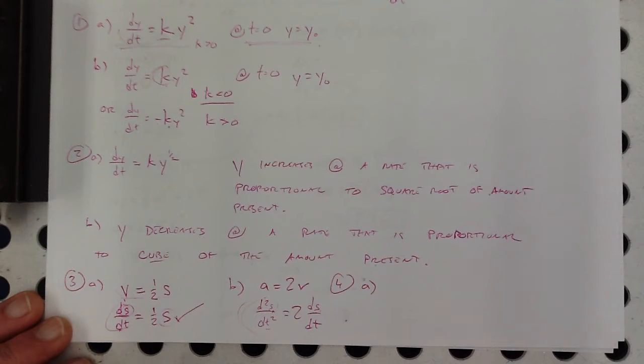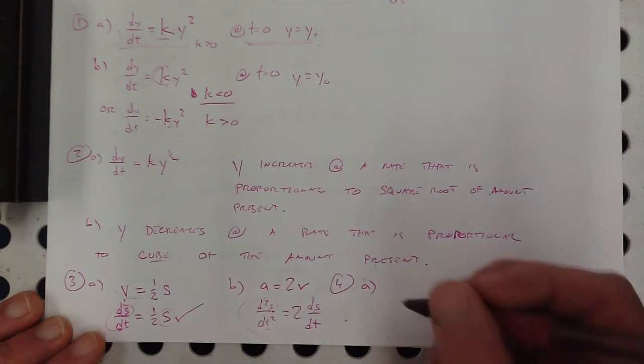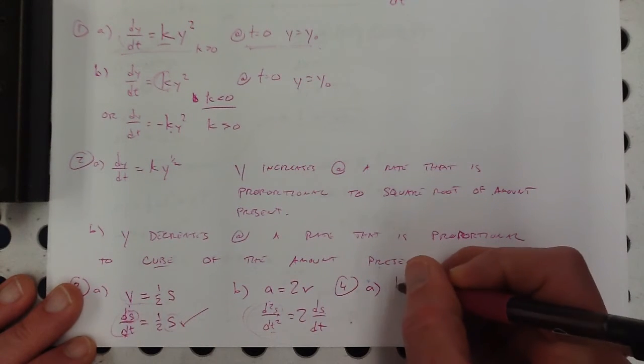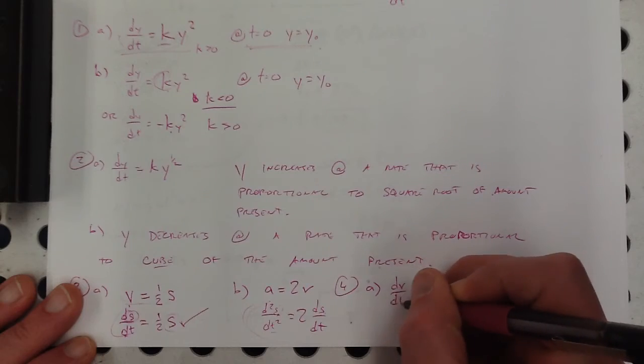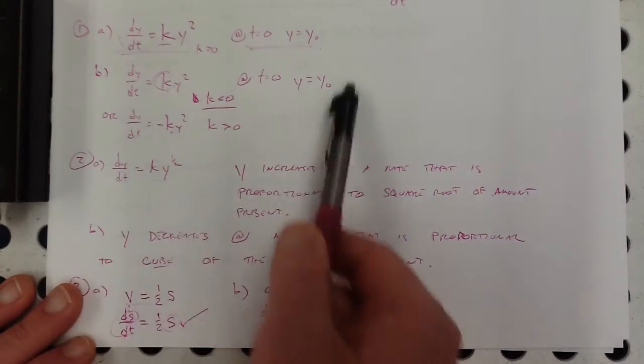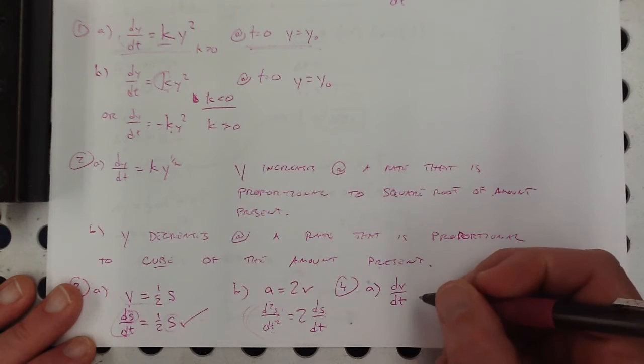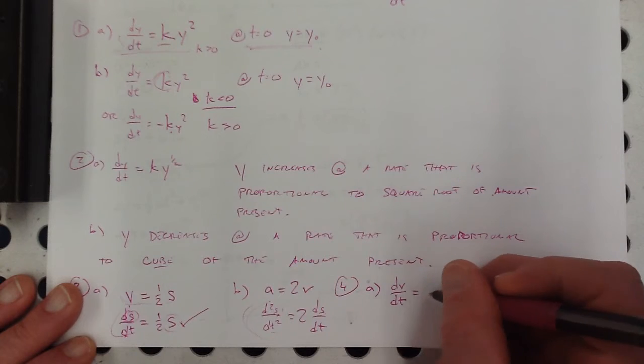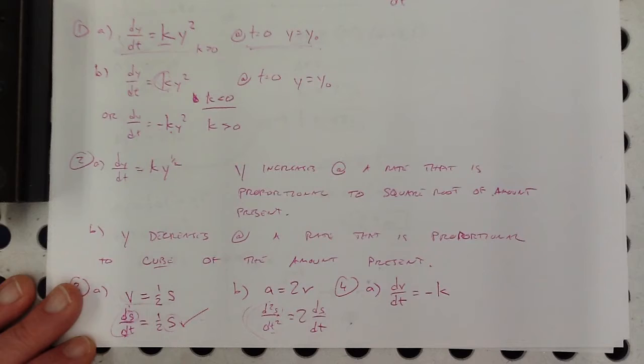Number 4, suppose that a body moves along an s-axis through a resistive medium in such a way that velocity decreases at a rate that is twice the square of the velocity. Find a differential equation whose solution is the velocity. So we need to write down what that says. The velocity decreases, so the rate of change of the velocity, like what we were doing here, I'm going to put a negative sign there.